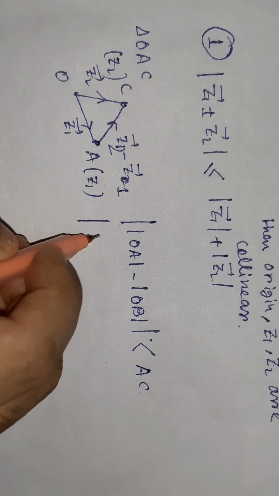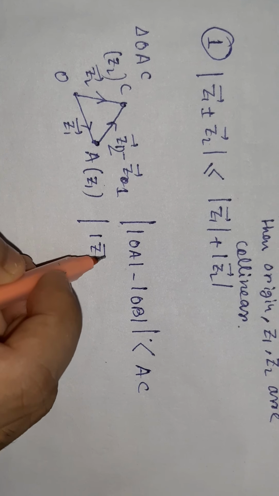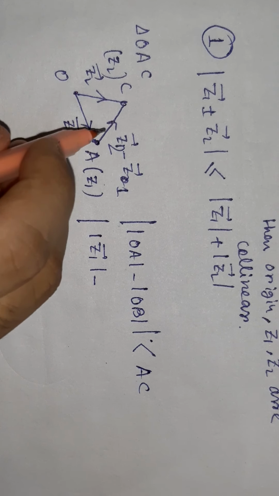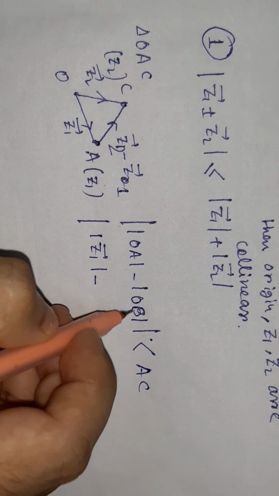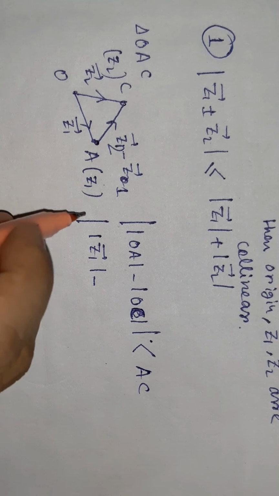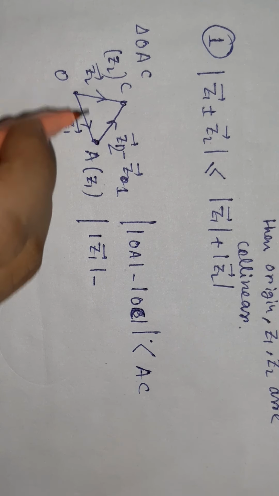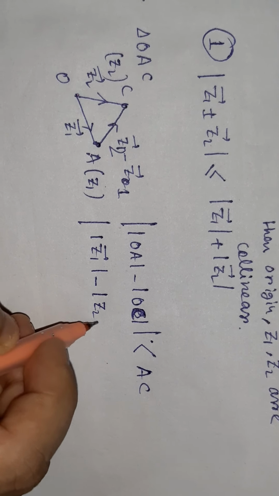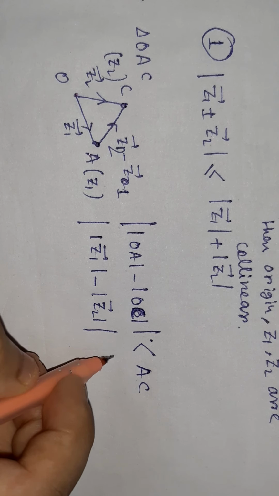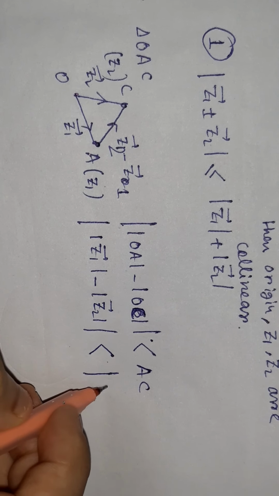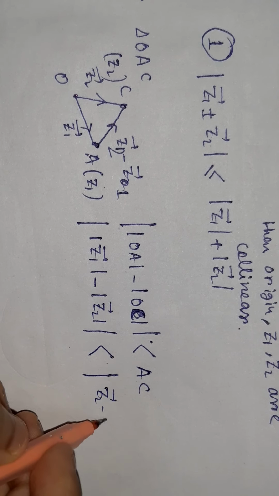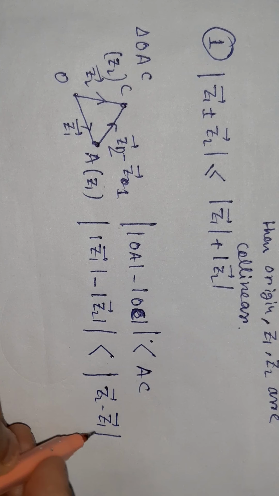So what is OA? That is the modulus of Z1 vector minus, not OB, it is OC. What is the modulus of OC? It is nothing but Z2 vector, and it is less than modulus of Z2 vector minus Z1 vector.